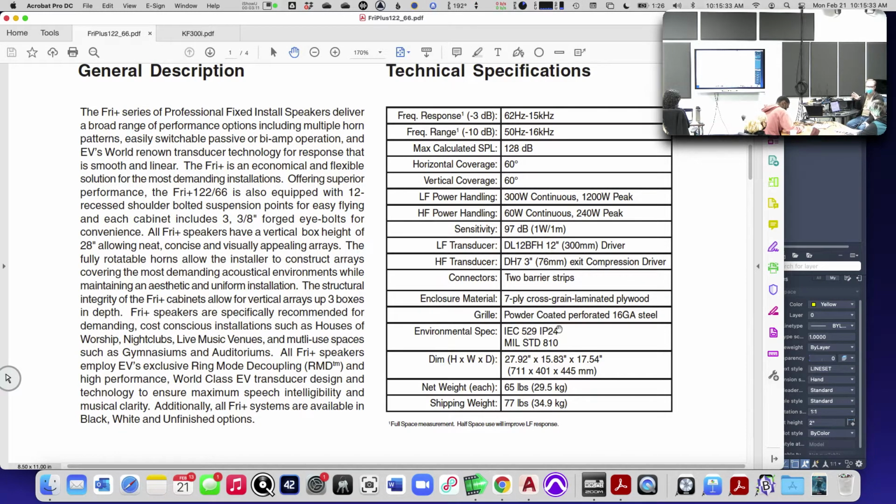D&B just came out with this big line array that's vented on all sides, and they're getting pattern control out of one cabinet down to like 150 hertz or something. And that's pretty awesome.